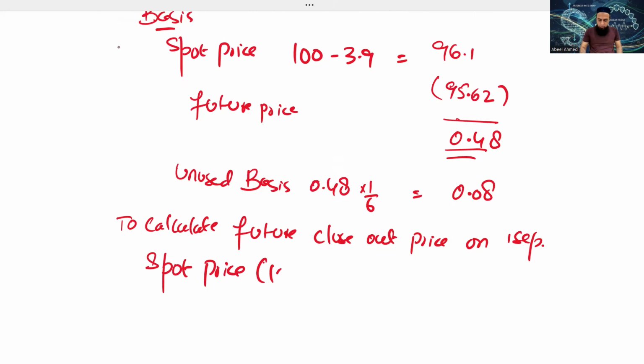Spot price will be 100 minus 4.4, 95.6. Now listen, on day one, spot price is higher and future is lower. So on the day we calculate the future closeout price, we follow the same trend. On that day also, spot price will be higher and future will be lower.